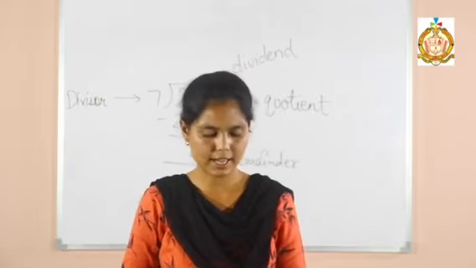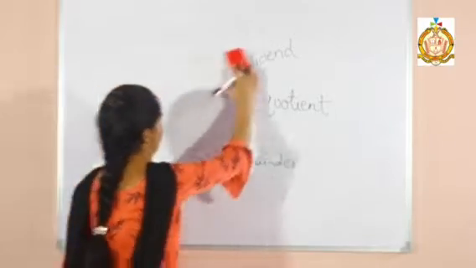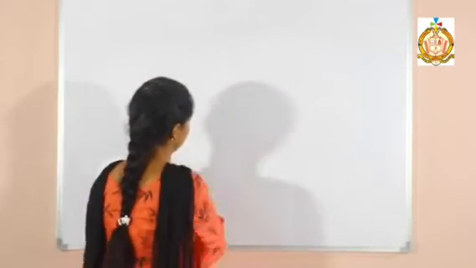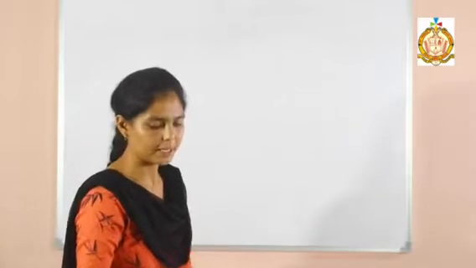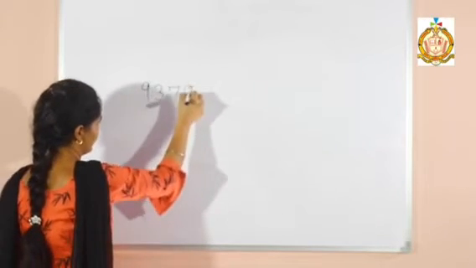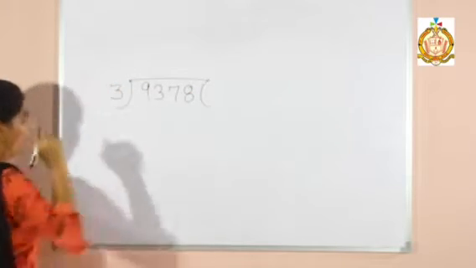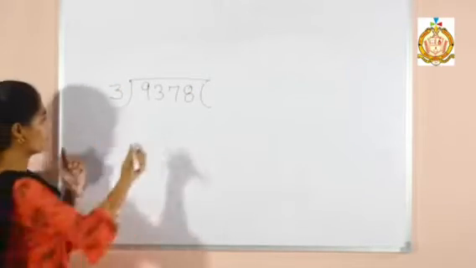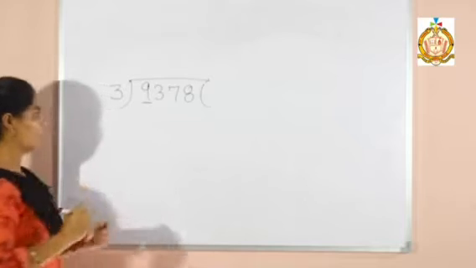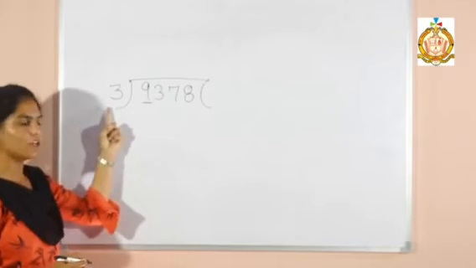In the next exercise, we will solve some examples. The first is 9378. This is your dividend, and 3 is the divisor. The first step is to check the first number. If the number is greater than your divisor, then you can solve it.